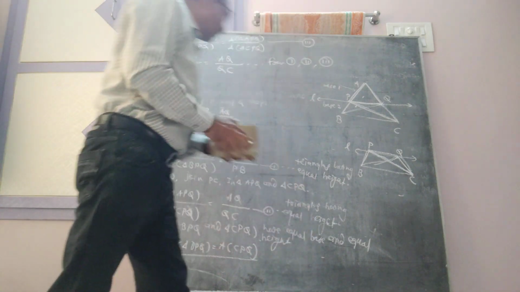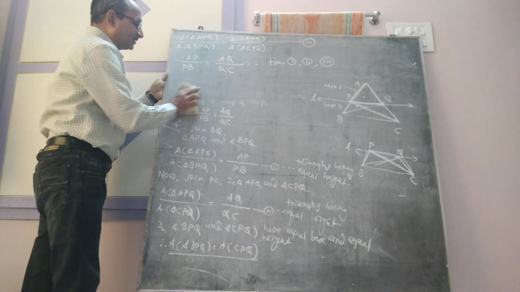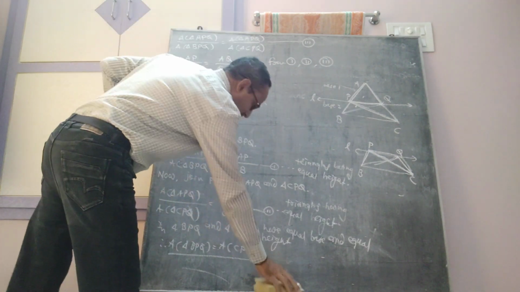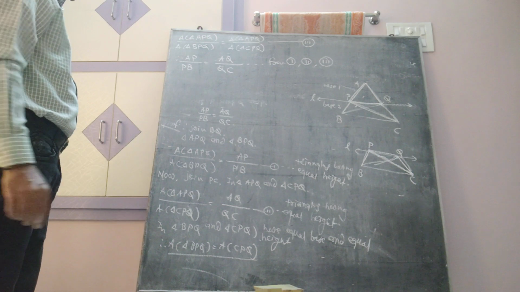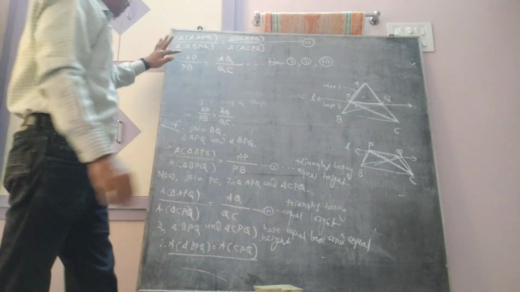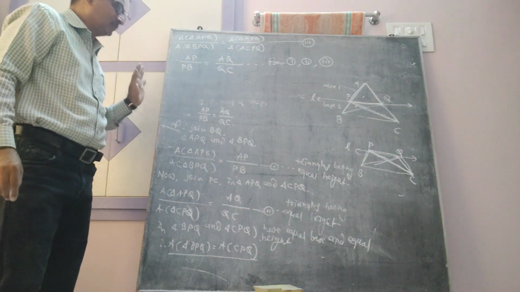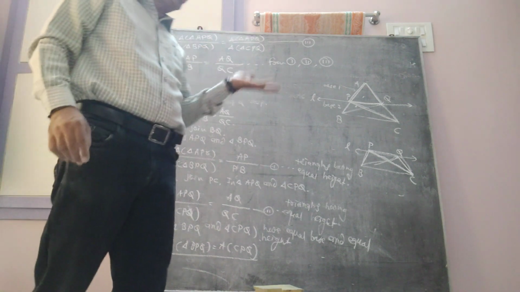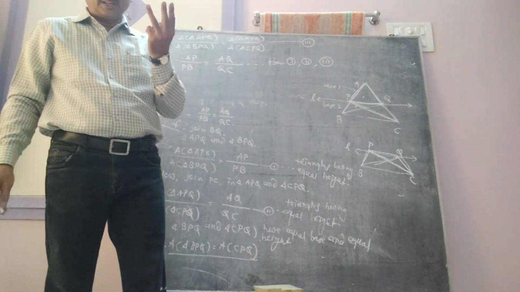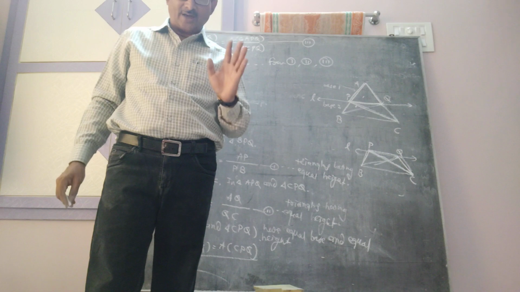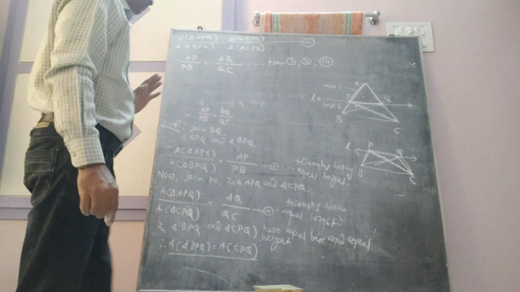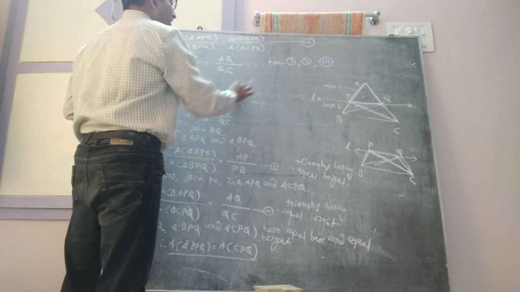Now, some examples asked here. There are 4 things, 1, 2, 3 and 4. Out of 4, 3 things are given. We have to find the 4th thing. For example, suppose this is a triangle.